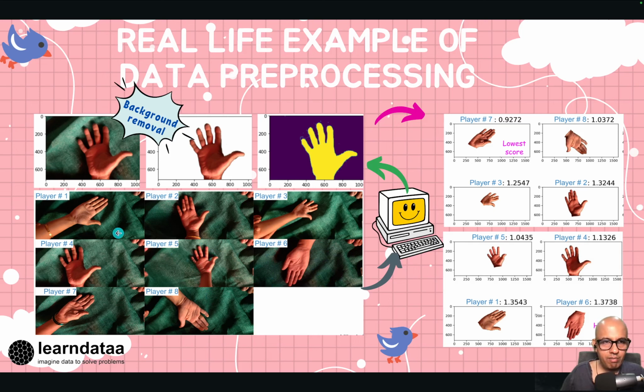Or we could write a computer code which we can train on what is background and what is the object or hand of interest, and accordingly we can tell the computer to remove the background, as you see here. And then whatever is the object of interest, this is the hand which we see here in yellow, can then automatically be used to calculate the score for a particular player.